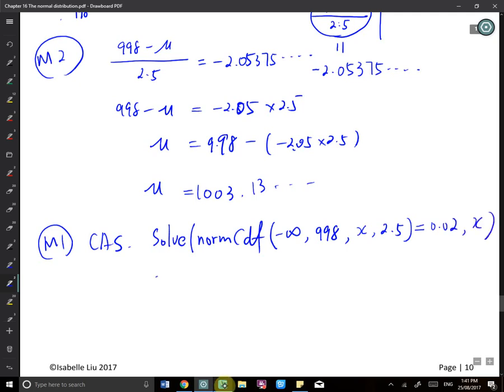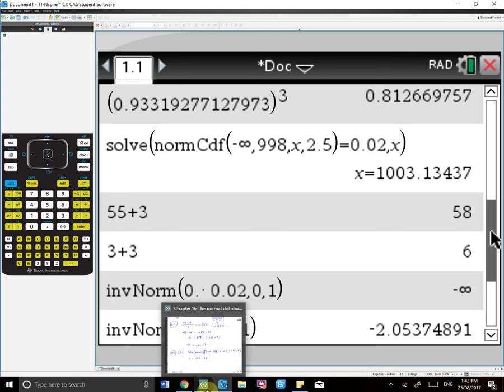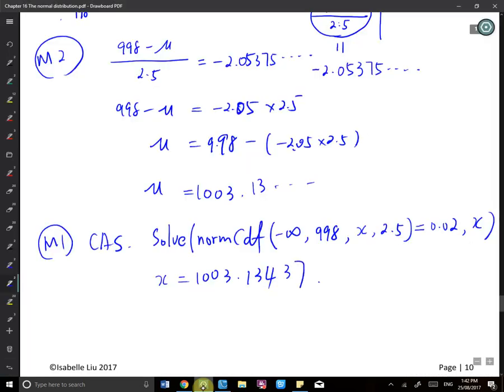You have solved that x equals 1003.13437. Two methods: one is plotting back into Z normal, and one is solving by calculator.